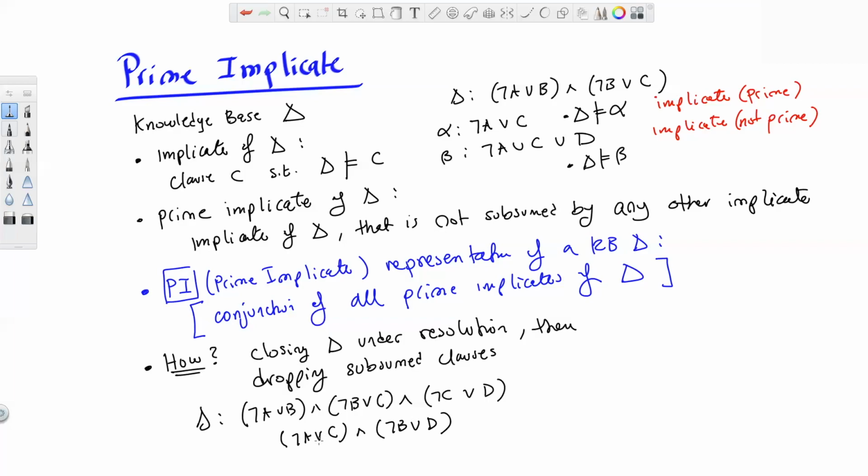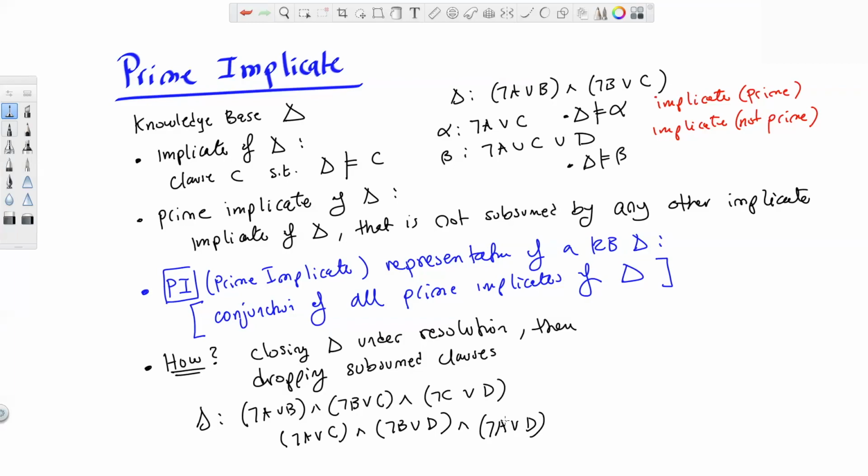So far, I got this one by resolving these two on B, and this one by resolving these two on C. Are there any other resolutions in this particular case that I can do? Okay, someone is saying I can resolve on B with these two, and I should be able to get "not A or D". Any other resolutions that I can do in this particular case?